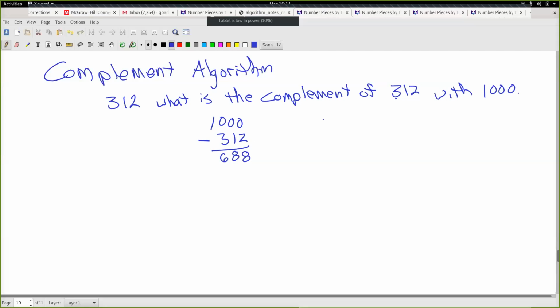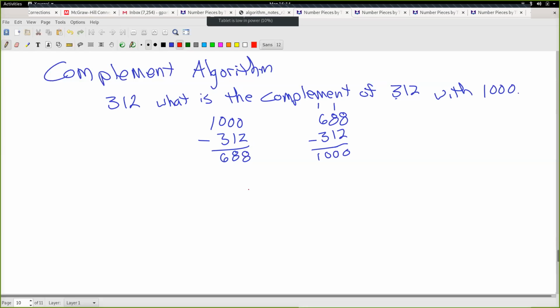And if you double check that, what is 688 plus 312? The 8 plus the 2 gives me a 10. That 1 jumping over takes that 8 and 1, which was a 9, plus 1 makes that a 10. 6 and 3 was a 9, but now it has an extra 1 on the top, so it's a 10. So there's an easy way to subtract out of something like 1,000 or 100 or 10,000.